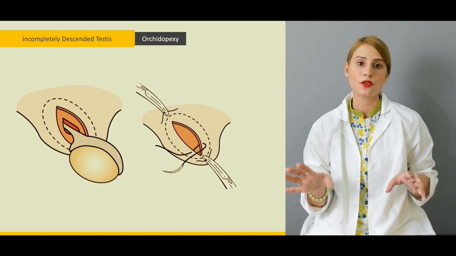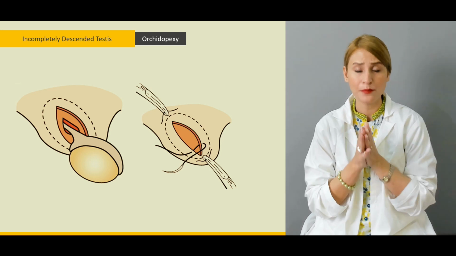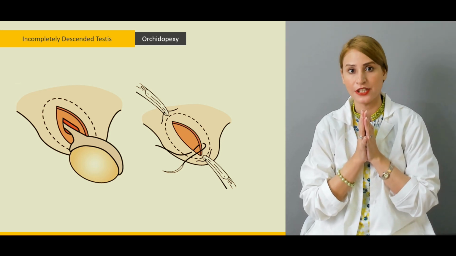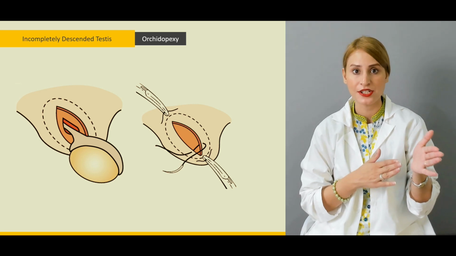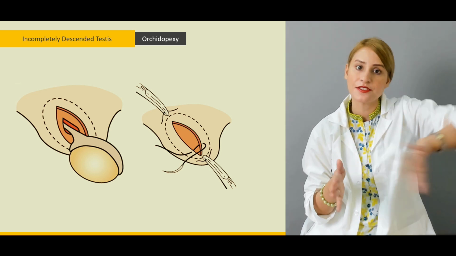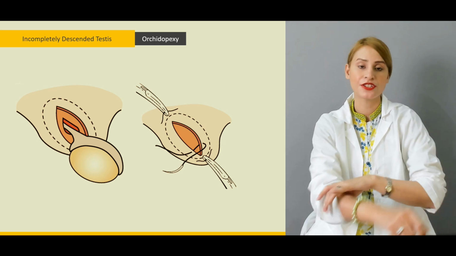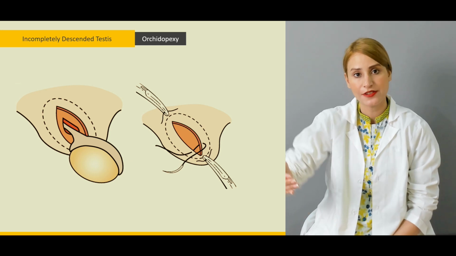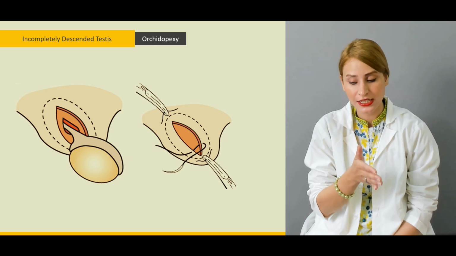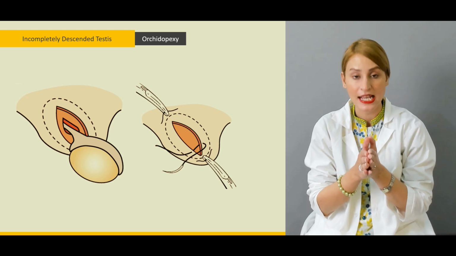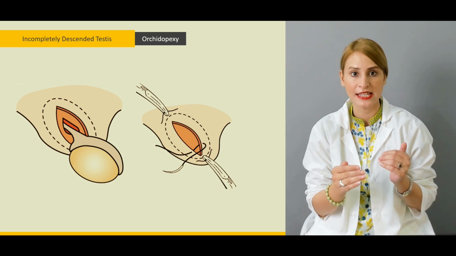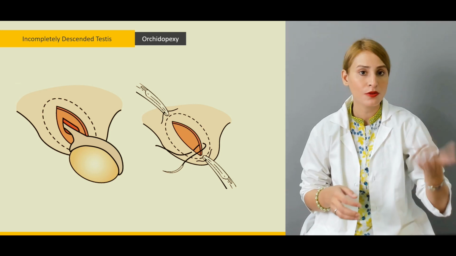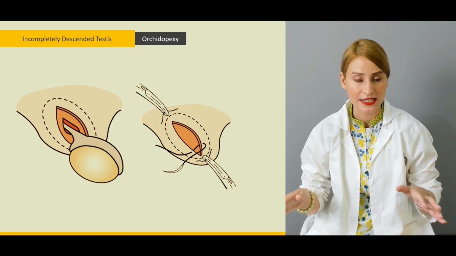So this orchidopexy is important, and it is a 2-stage procedure. In the first stage, you only mobilize the testes. If there is no hernia and you are just performing the orchidopexy for the undescended testes, you separate the testes from the spermatic cord, mobilize them, close the incision, and leave it as it is for 6 months.